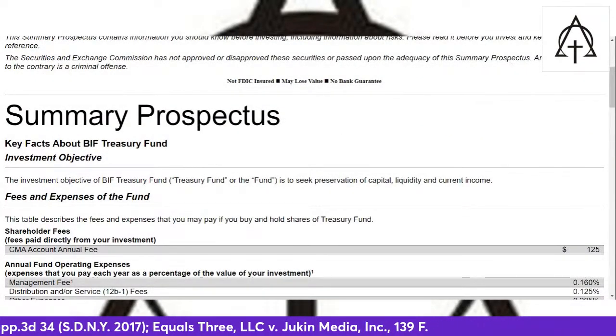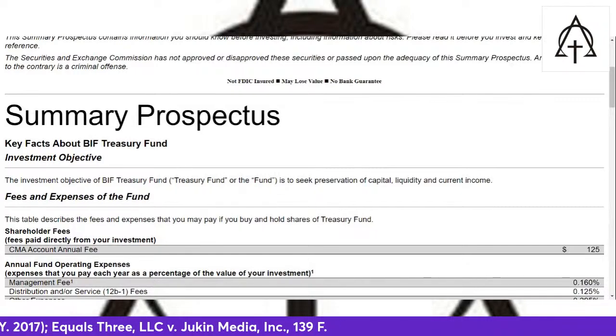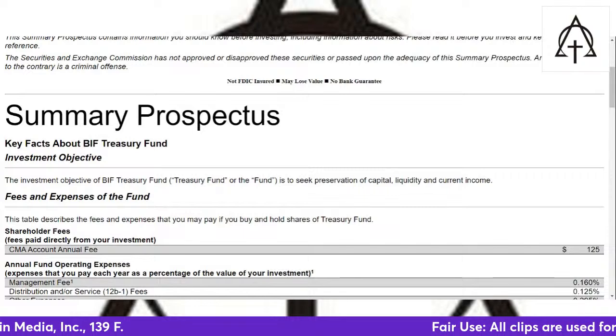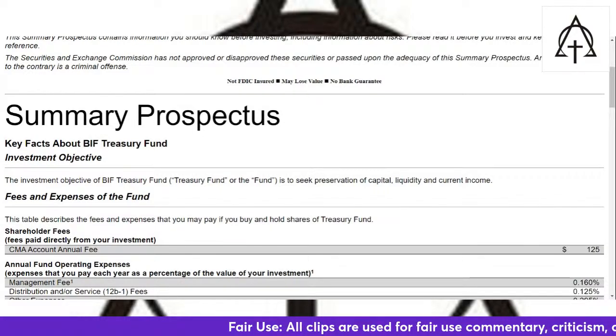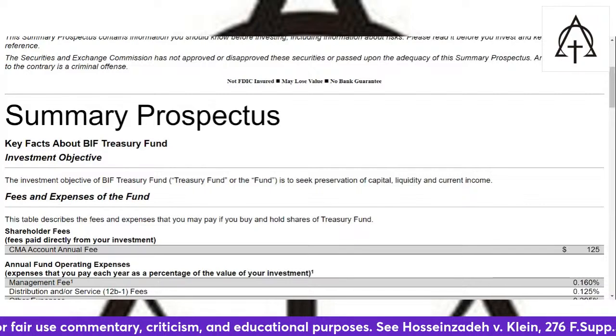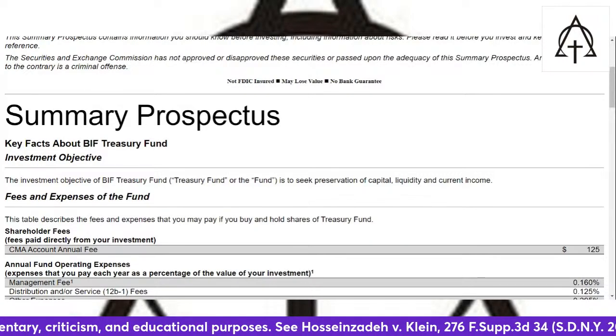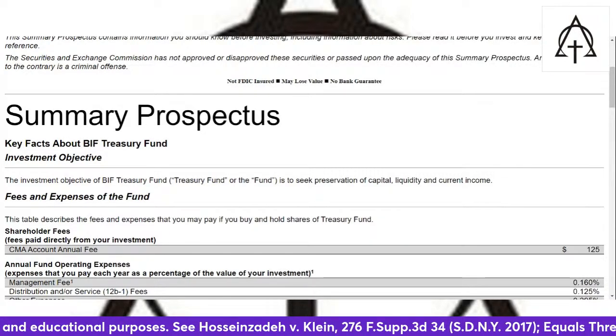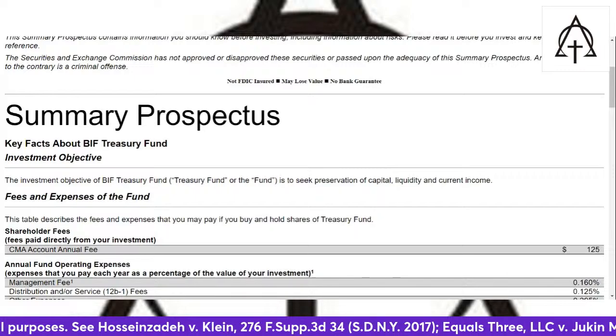Let's ask it, what does BIF mean? Bank Insurance Fund. So they have to have insurance.